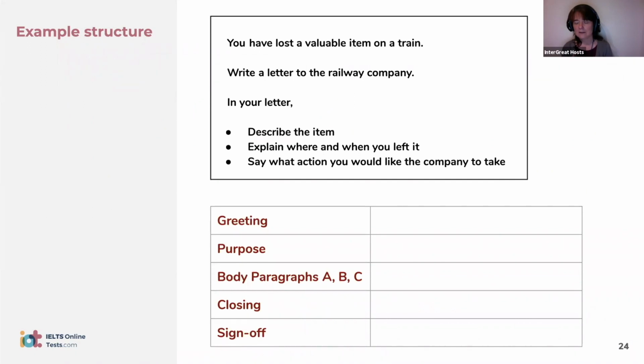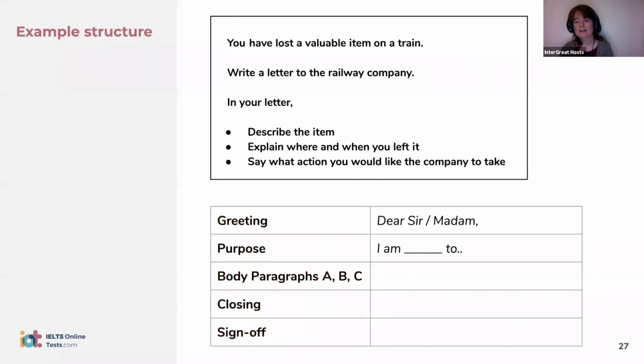So let's look at the kind of information you have here. For a formal letter, what are we going to say? Dear Sir, Madam. That's the only way, Amit, to start a formal letter. You don't need to do anything else, just put Dear Sir, Madam.